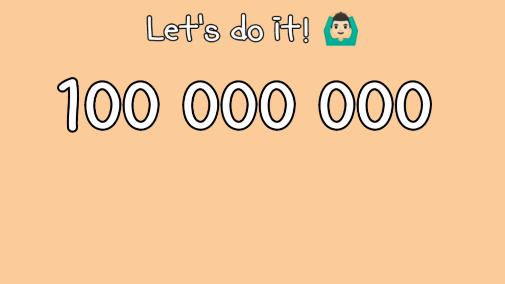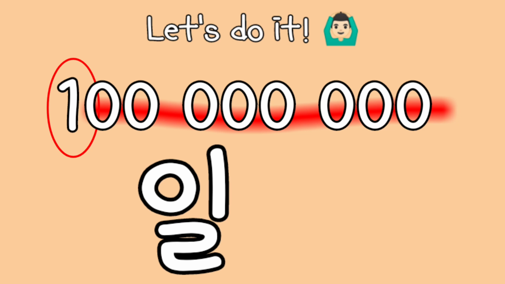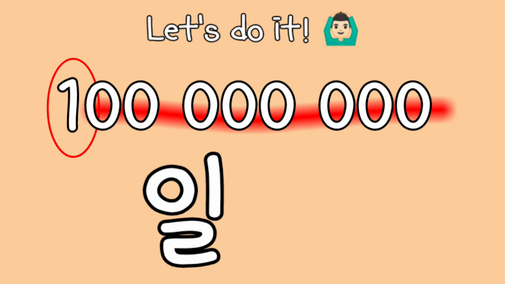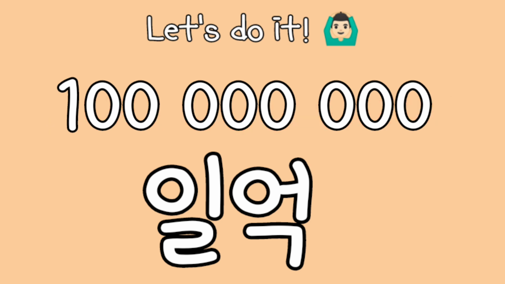In 100 million, we remove the 8 zeros and we only have 1 digit left, and it's 1. In Korean, 1 is il, plus add the special name ok. So we have now ilok. That is 100 million.